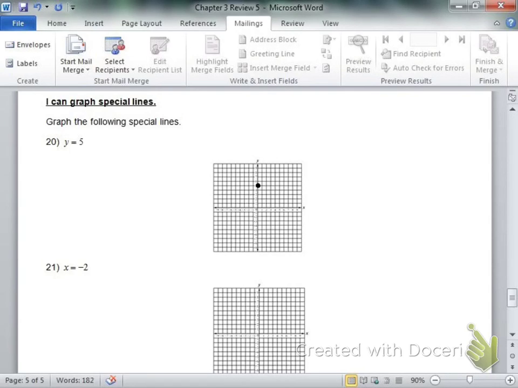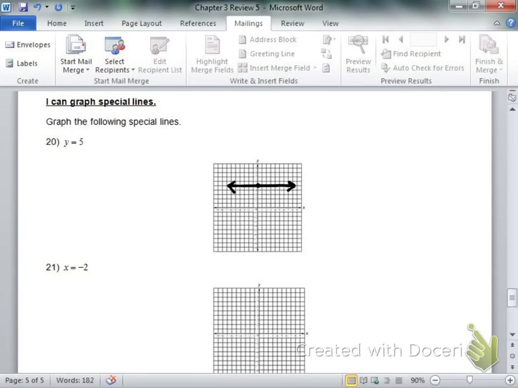Put a point there, and then draw a line through it. You're either going side to side or you're going up and down. If you go up and down and you already have a point on the y-axis, you're just highlighting the y-axis. That would be your indication that you did it wrong. So you want to go through the y-axis at 5. You don't want to be the y-axis. You want to go through the y-axis.